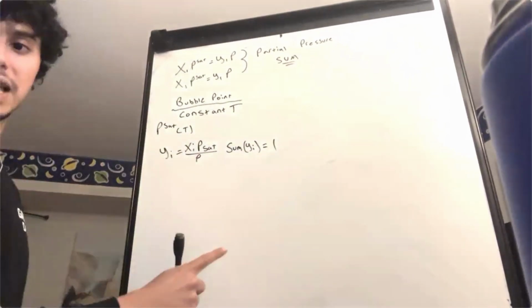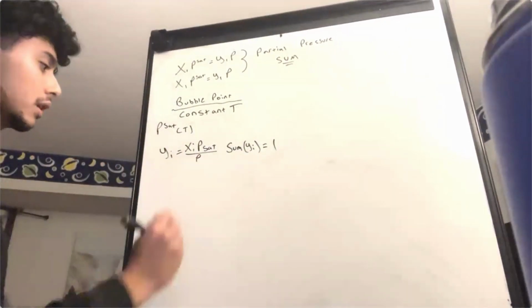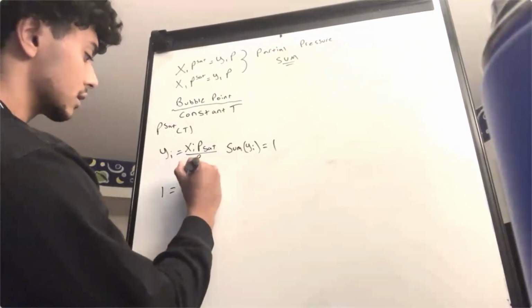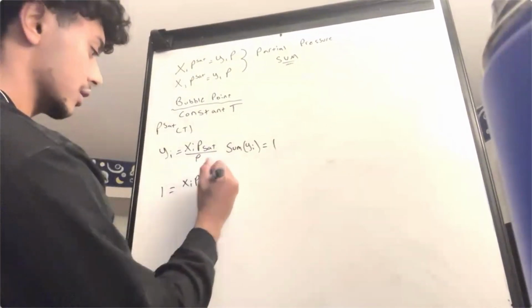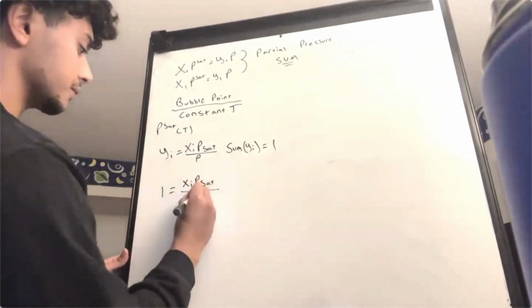We're going to replace that, so 1 equals the sum of the liquid mole composition times the saturation pressure divided by P.